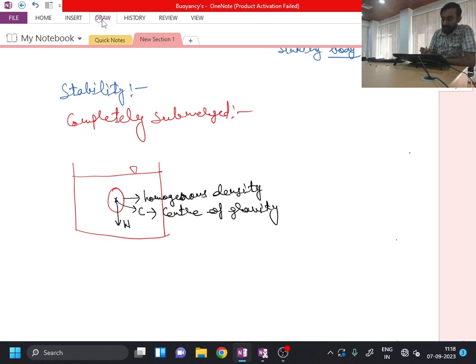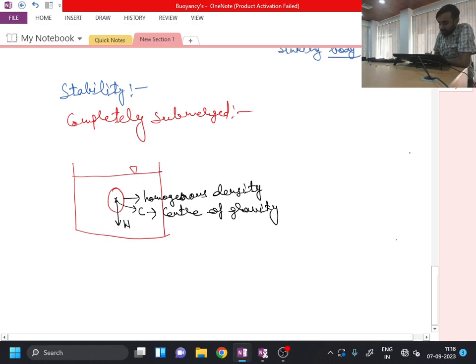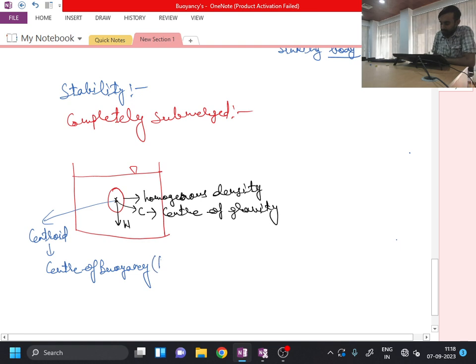At the same time, as this body is completely submerged, its geometric centroid will be nothing but the center of buoyancy. Say I call the center of buoyancy point B. So in this situation, my point C and point B are coinciding.